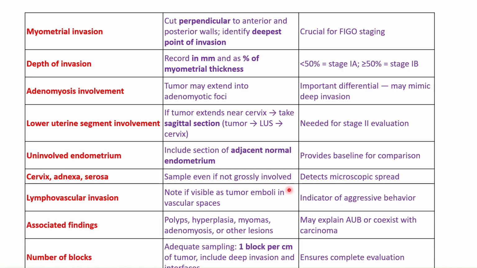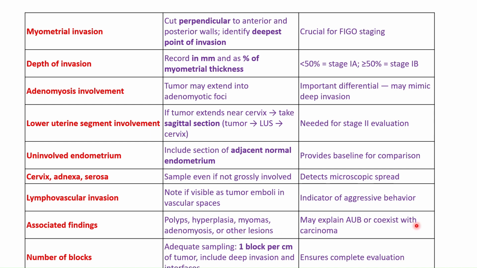Lymphovascular invasion is generally not visible, but if tumor emboli in a vascular space are visible, it indicates aggressive behavior. Associated findings include polyp, hyperplasia, myomas, adenomyosis, or any other lesion which may explain abnormal uterine bleeding or coexist with carcinoma.